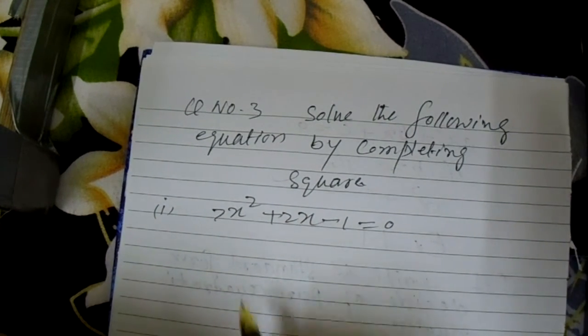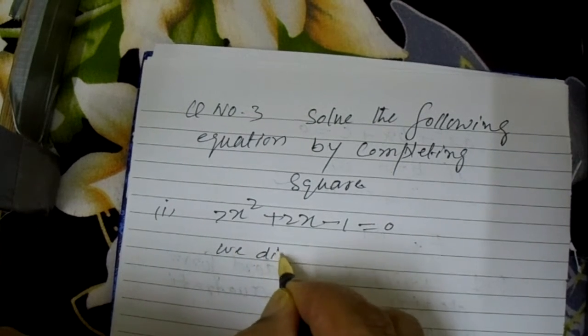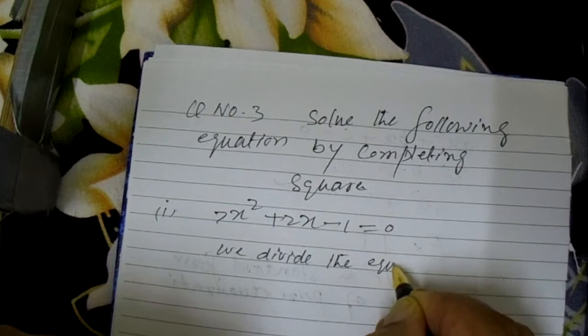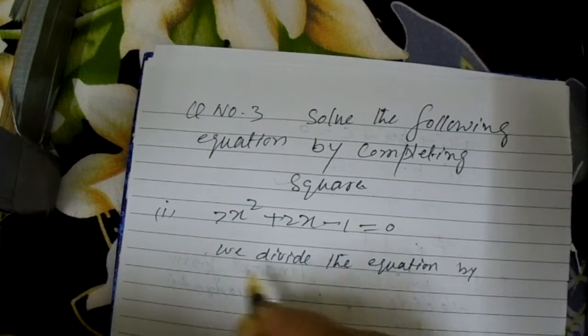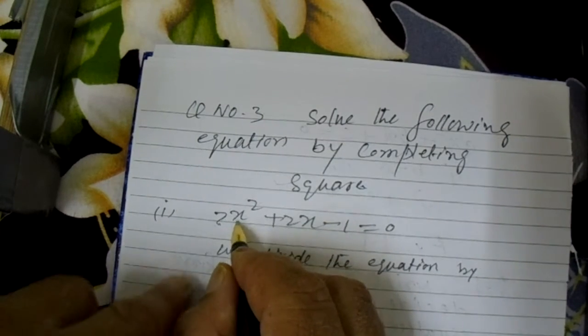The first step is we divide the equation by 7. Now 7 is the coefficient of x square.